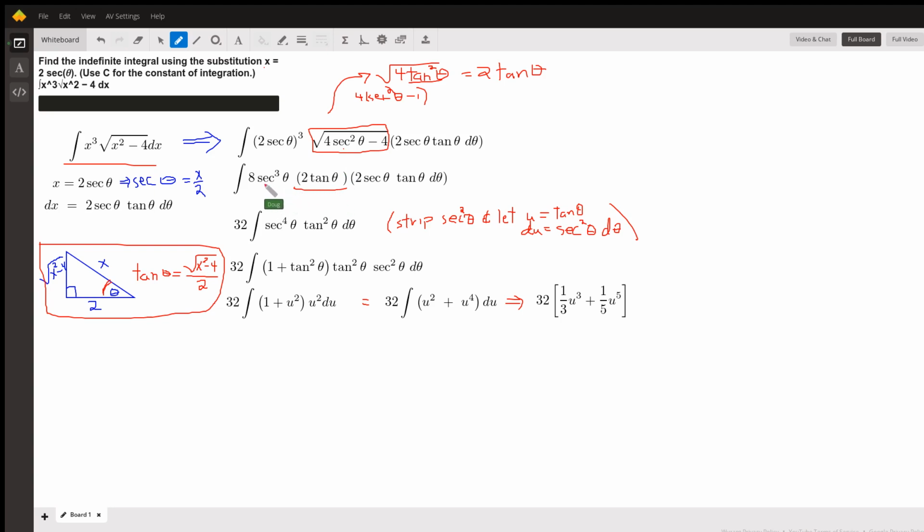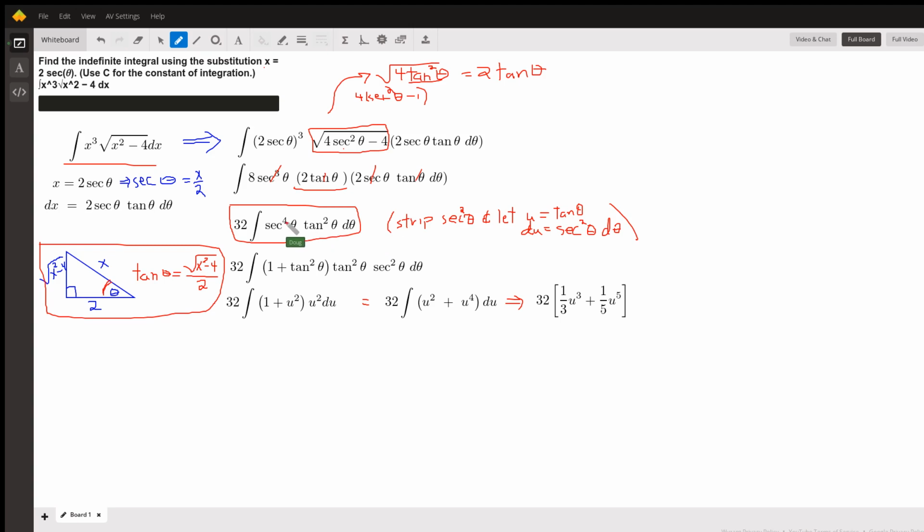Now if we collect all the numerical coefficients, we get a 32 out front. We've got a secant to the 4th power because there's a secant cubed and a secant, and we've got a tangent squared, tangent times tangent. Okay, so there's what we want to find the antiderivative of. There are probably formulas in your calculus textbook that show you how to get the antiderivative of something like this.